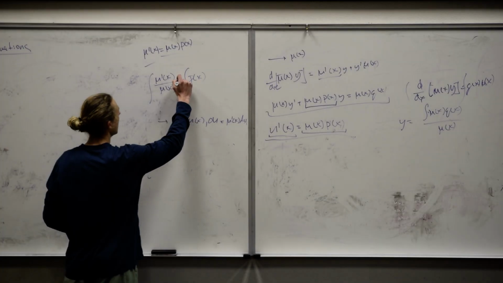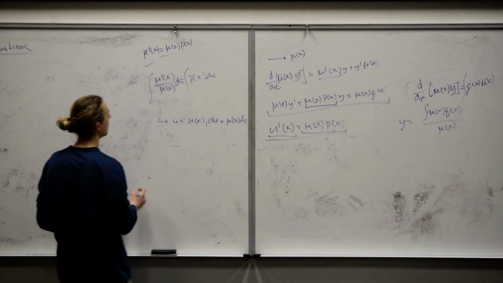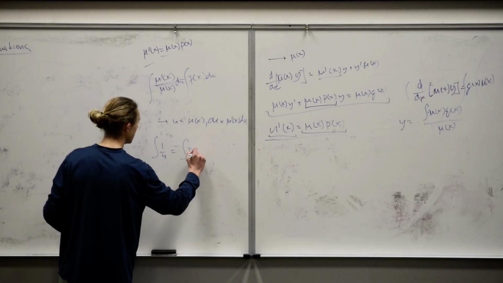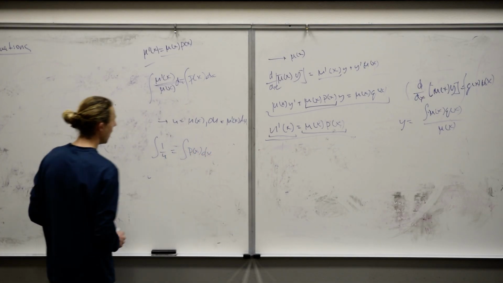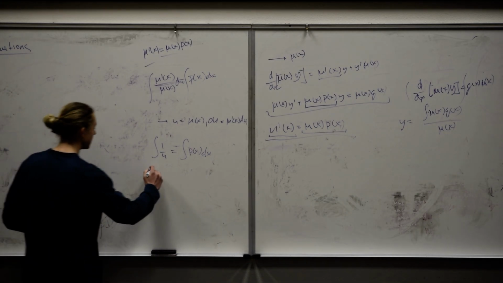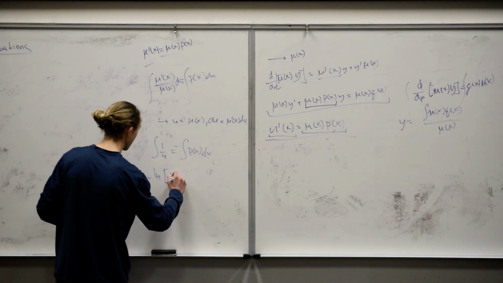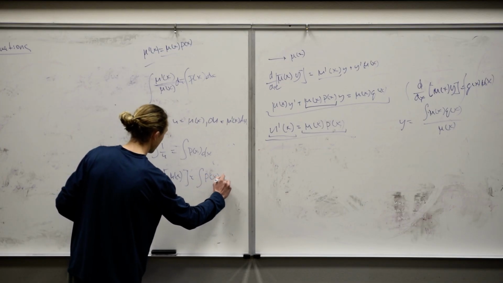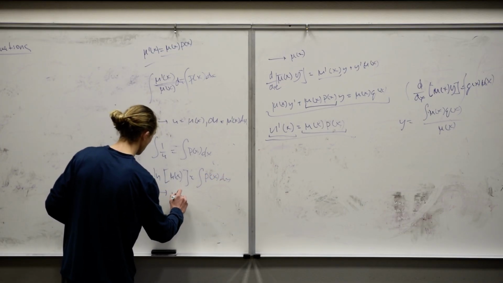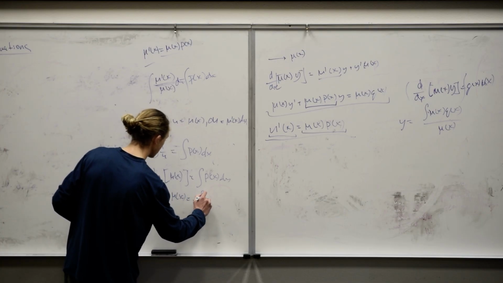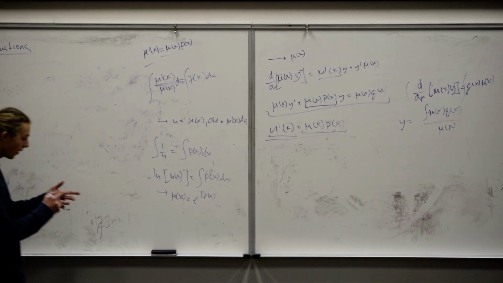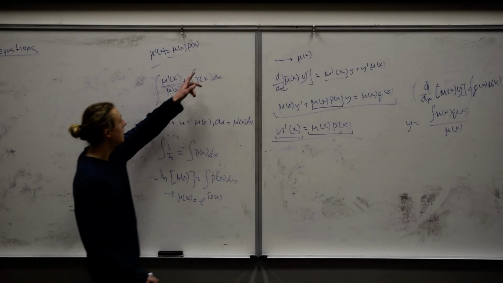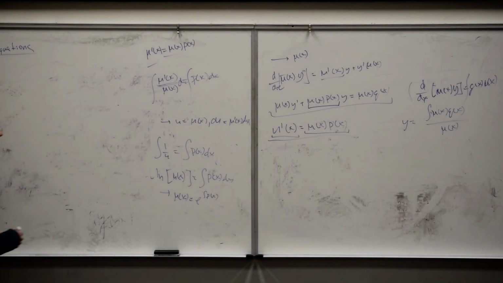And that's great. We have mu prime of x dx right here, so we just say integral 1 over u du is equal to integral p of x dx. Okay, so now I've simplified this to just ln mu of x is the integral of p of x. So we know that mu of x is e to the integral of p of x. Okay, so now we've actually defined what mu is based on p, which is in our original function.